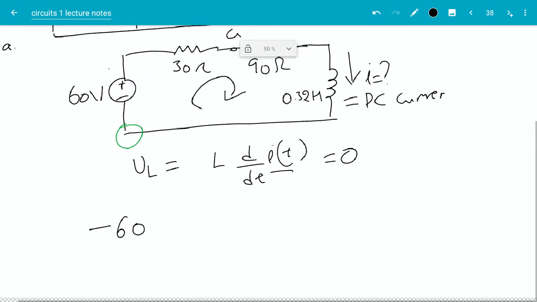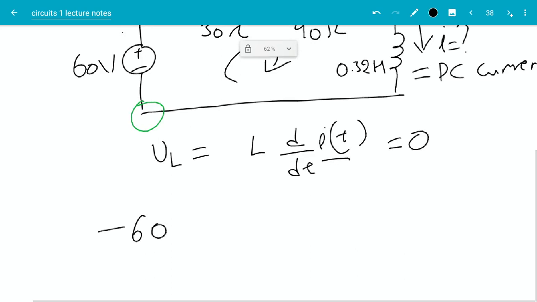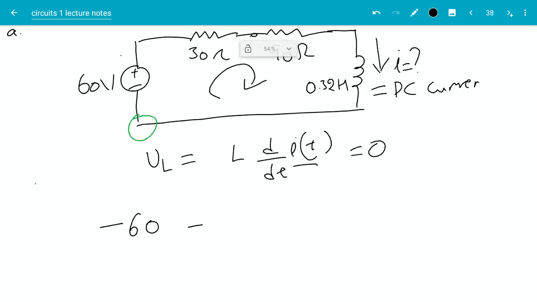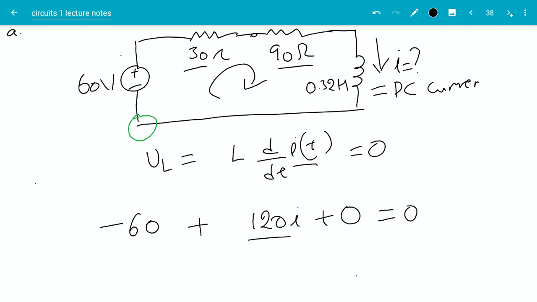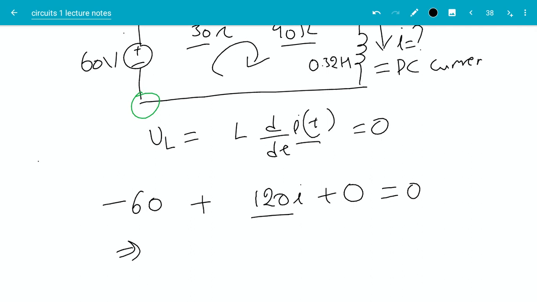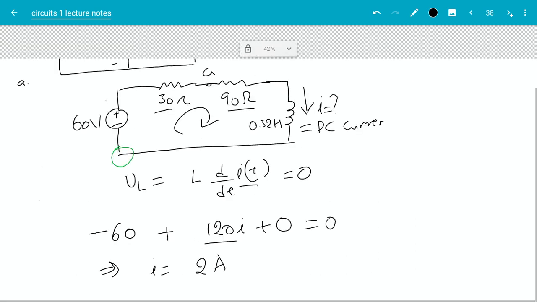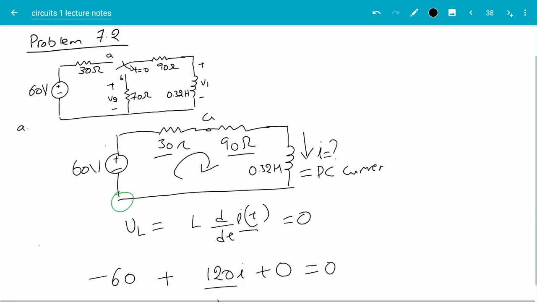So negative 60 plus 120 times I plus 0 is equal to 0. 120 is the sum of voltage drops here and here. So this means I will be equal to 2 amperes. That's part A.